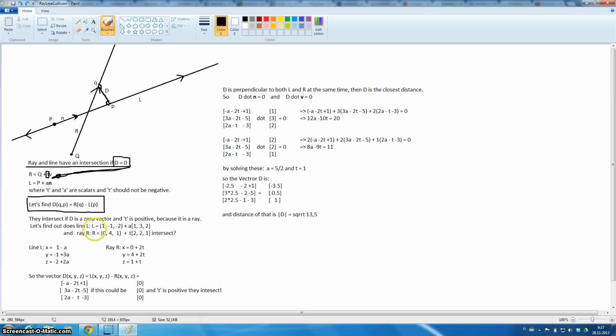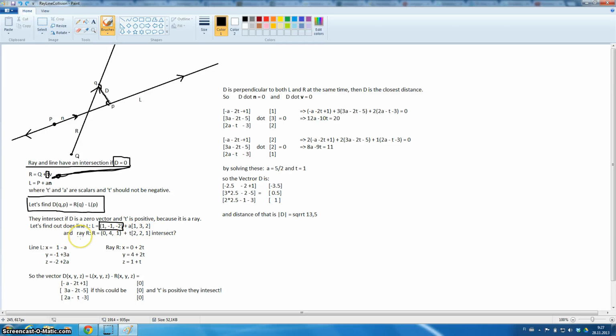I have an example case over here where L is 1, -1, -2. This is a point, one point in a line, and there is a vector which has a scalar, a.